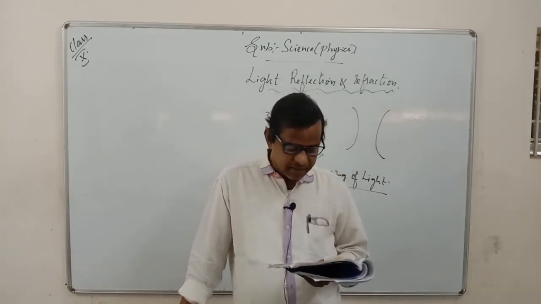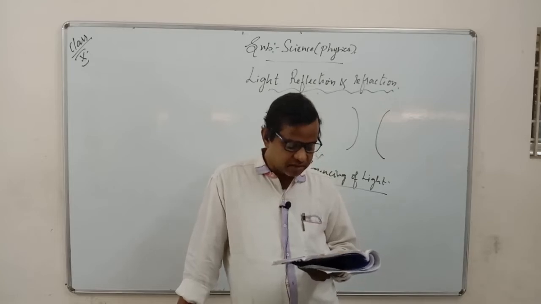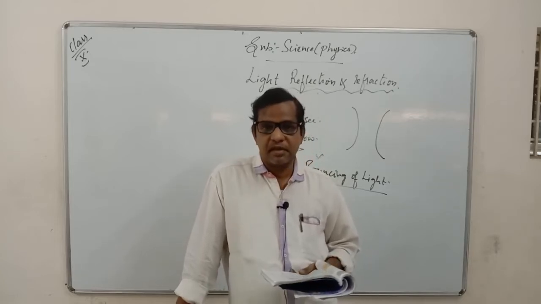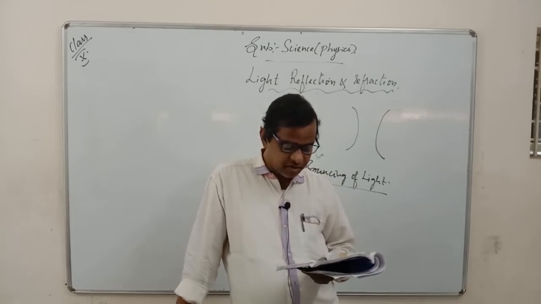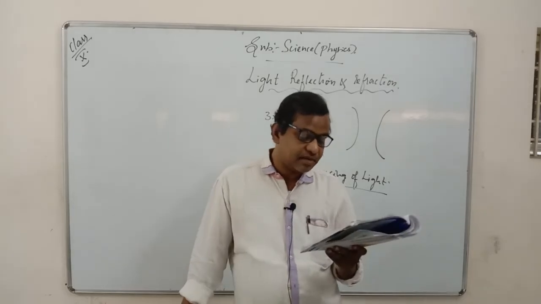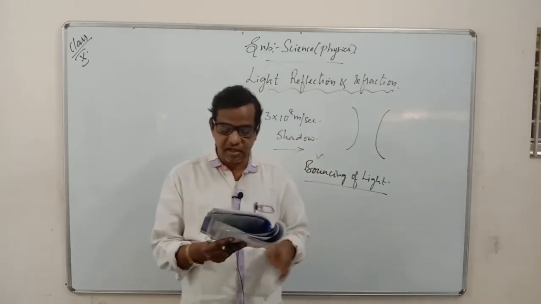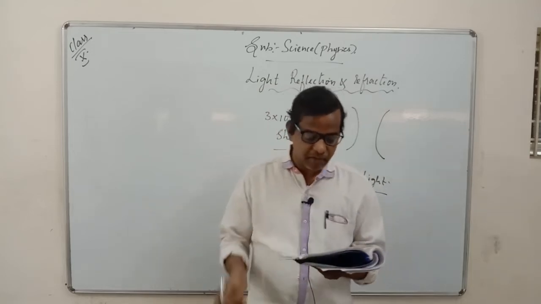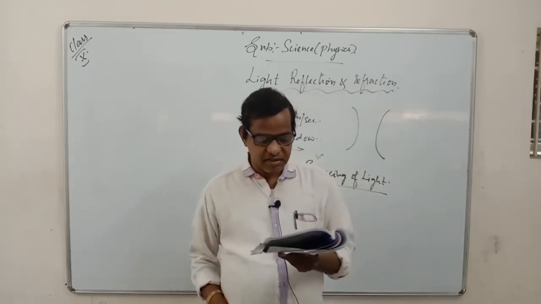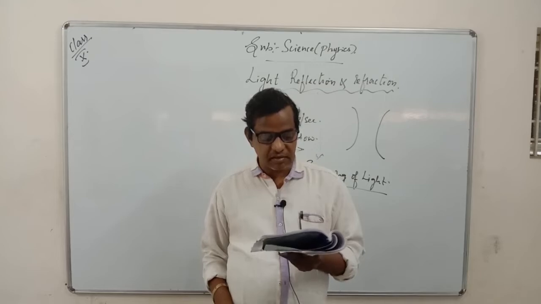A spherical mirror whose reflecting surface is curved outward is called a convex mirror. A spherical mirror whose reflecting surface is curved inwards, that is, faces toward the center of the sphere, is called a concave mirror. A spherical mirror whose reflecting surface is curved outwards is called convex.